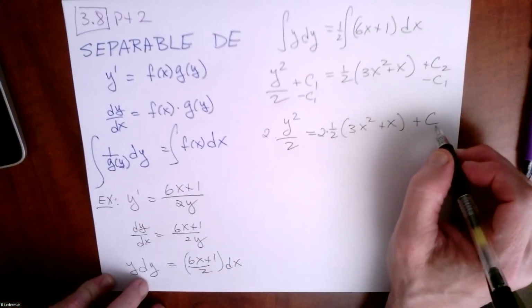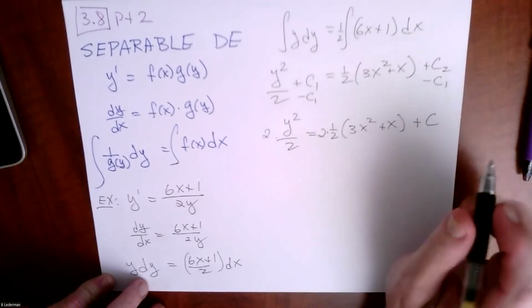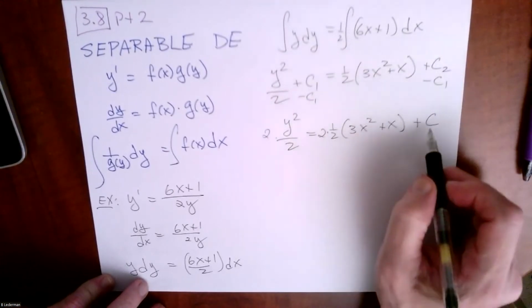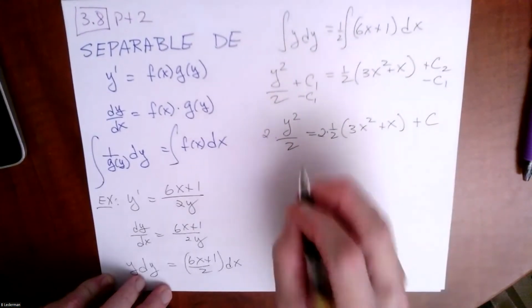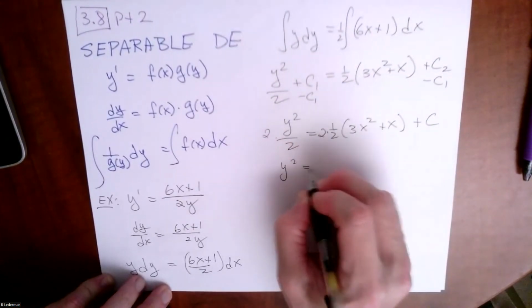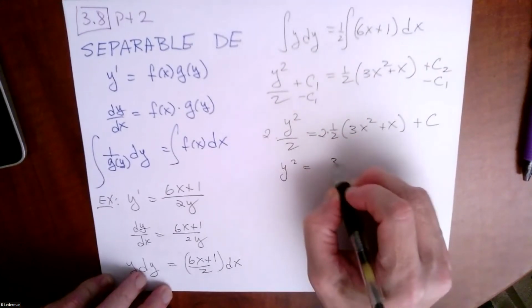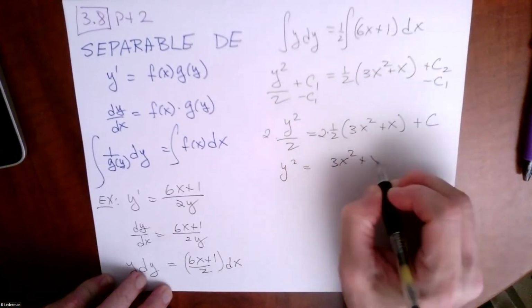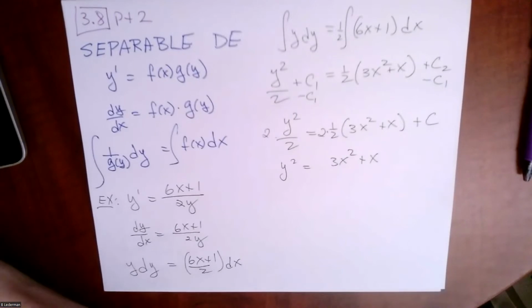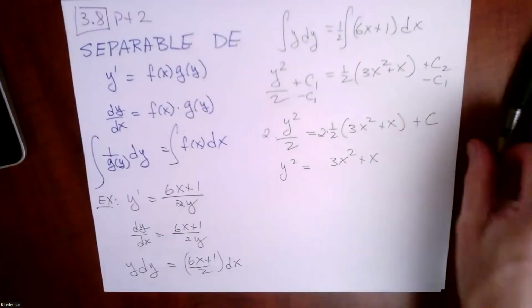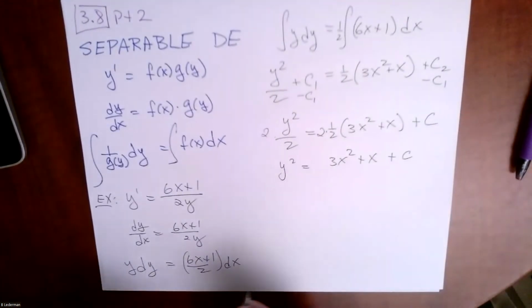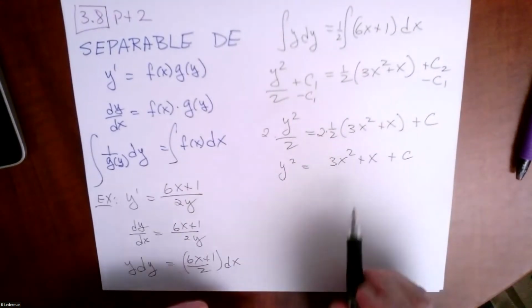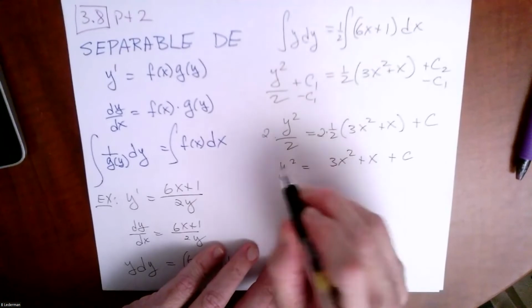The way we say it in math talk is that if I multiply by 2, the 2 gets absorbed in the constant. And this becomes y squared equals 3x squared plus x plus c. Now, everybody, we have now solved.